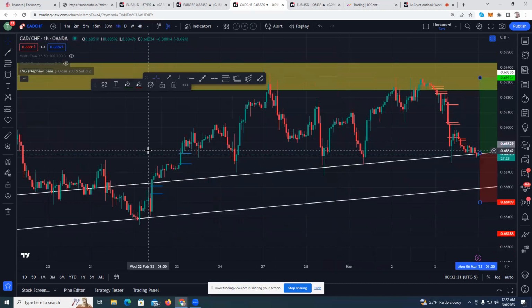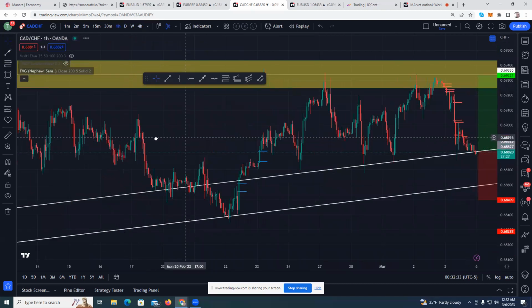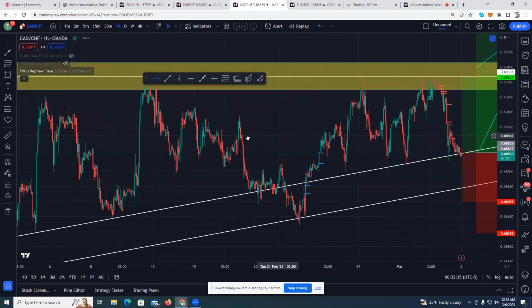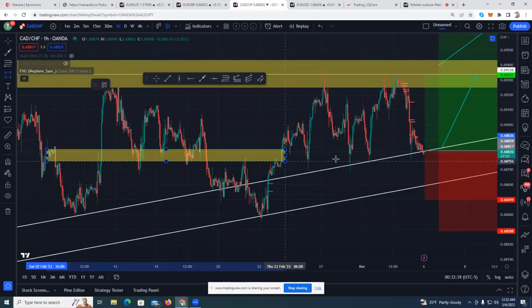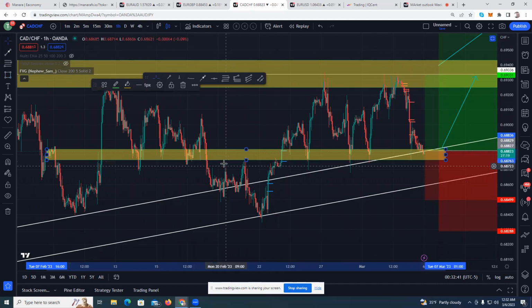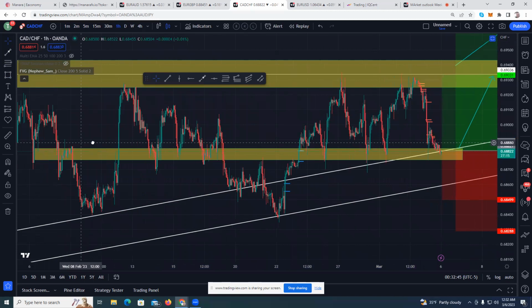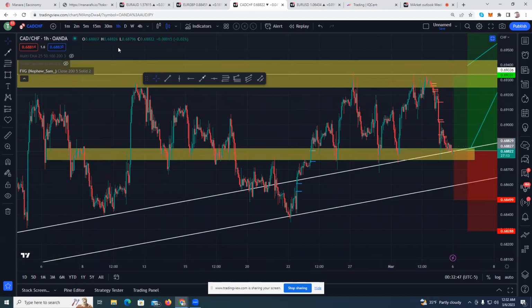So right here within this hour time frame, we can see, actually, let's zoom out. Let me show you what I'm seeing. So from this hour zone here, boom, we can tell that this area has acted as an area of support and resistance even on the hour time frame, where we have seen price respect it.